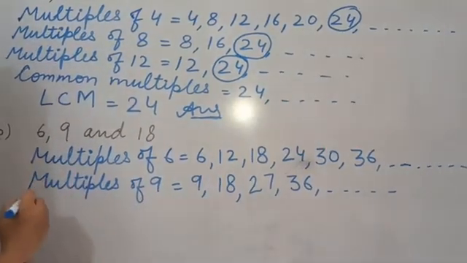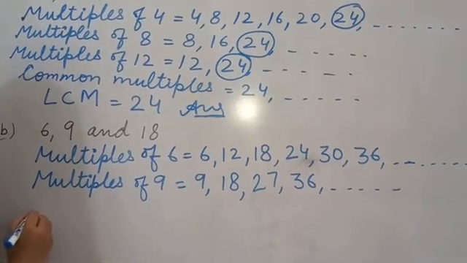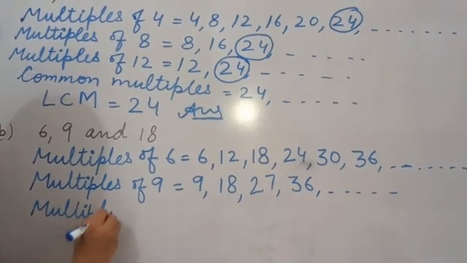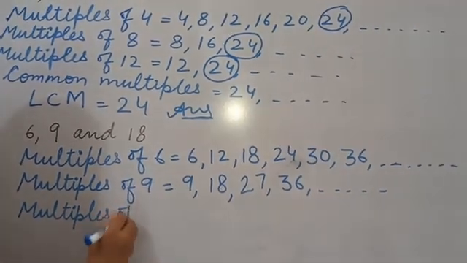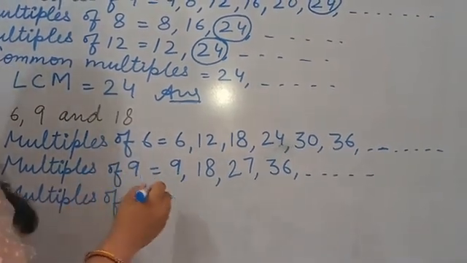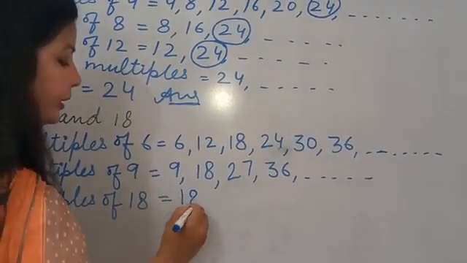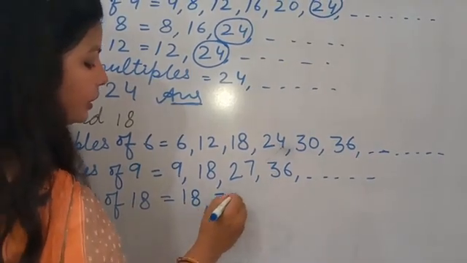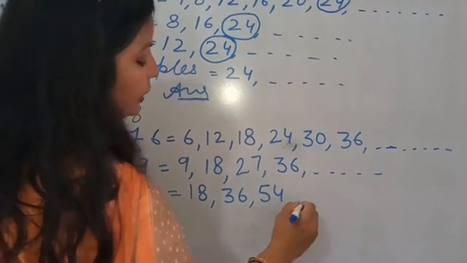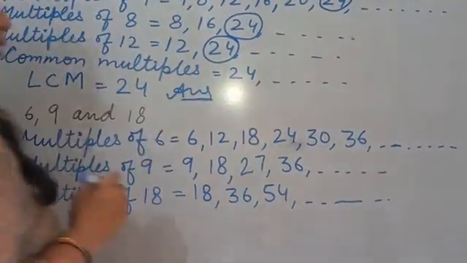Now multiples of 18. 18 ones are 18, 18 2s are 36, 18 3s are 54. Now we can leave. Okay.